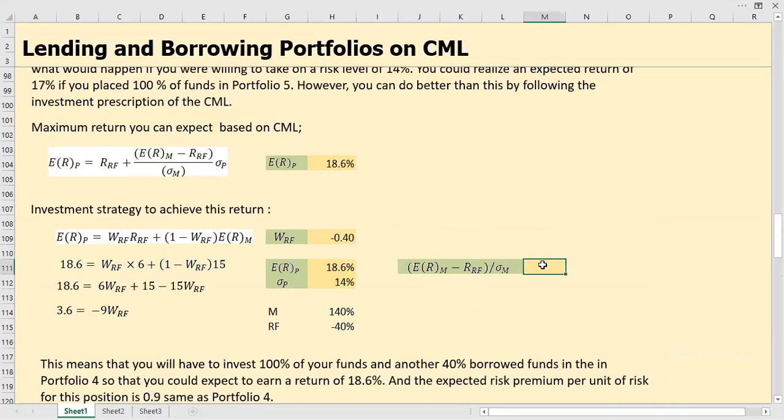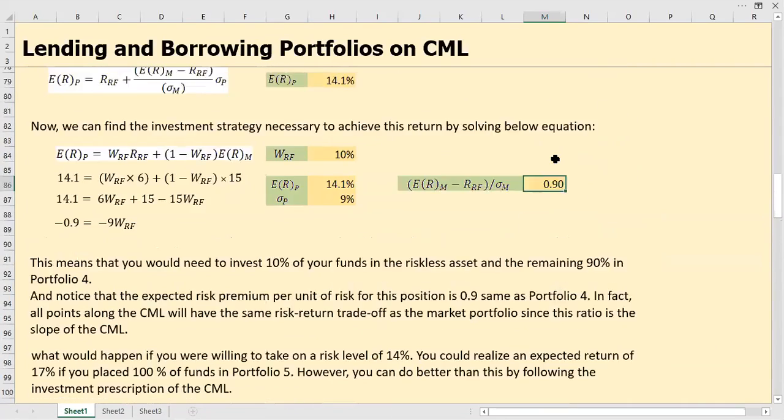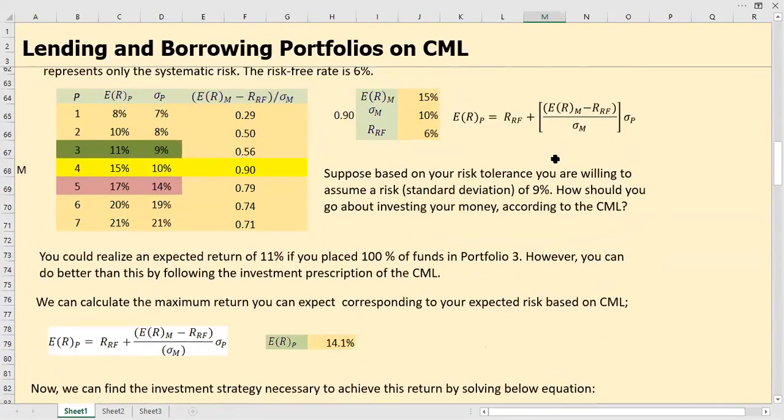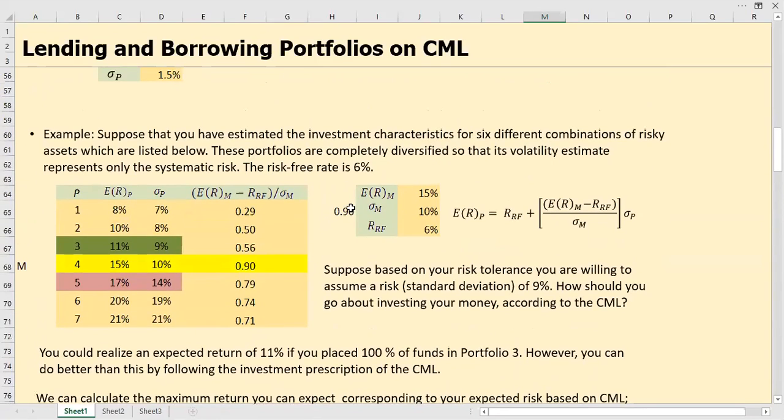As I said, if you want to calculate the slope coefficient here, it is again the same. How? 15 minus 6 divided by 10, it is 0.9. You can see 0.9 here, 0.9 here. So that is the market portfolio.